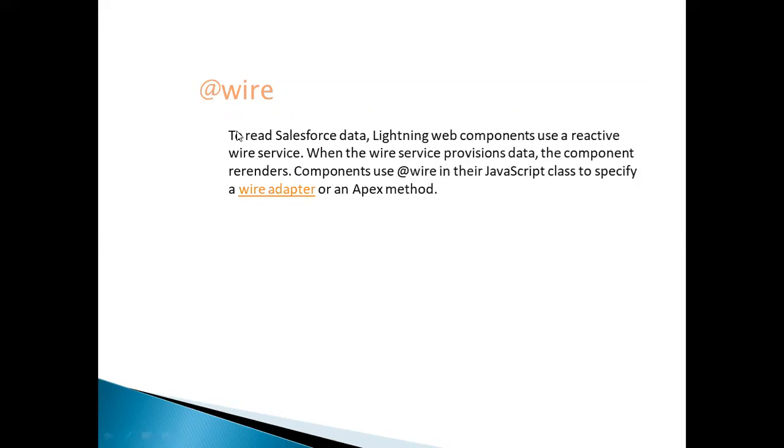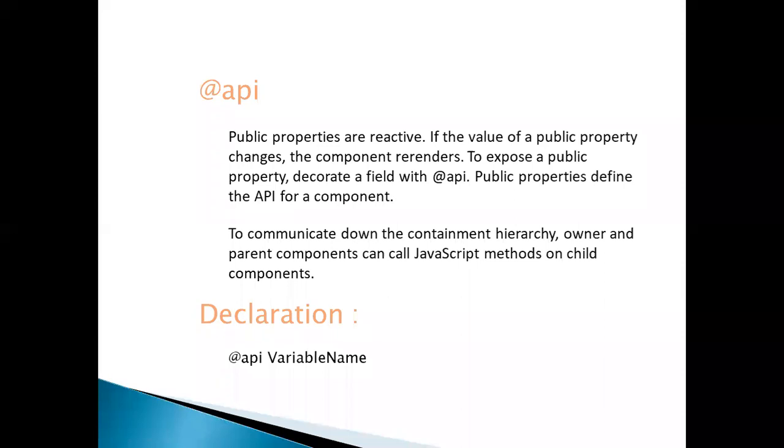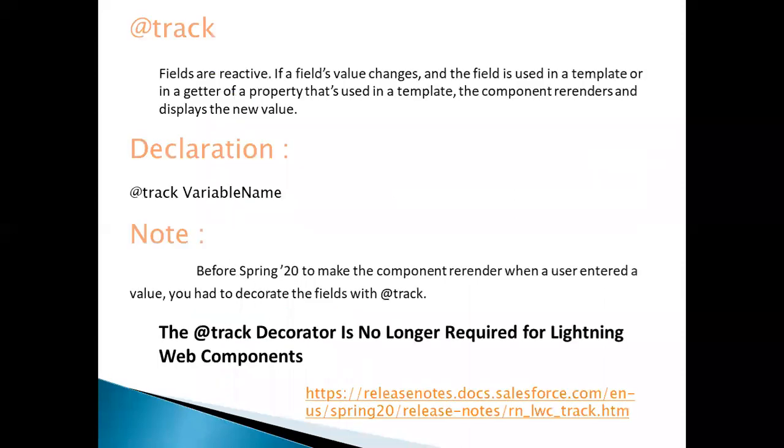So to communicate directly with Salesforce data, we use @wire. @wire is a bit of an advanced concept. We will discuss it at a later stage, when we learn how to call an Apex method. At that moment we will be using @wire and I will explain it in detail. So right now we will just see these two decorators, @api and @track.